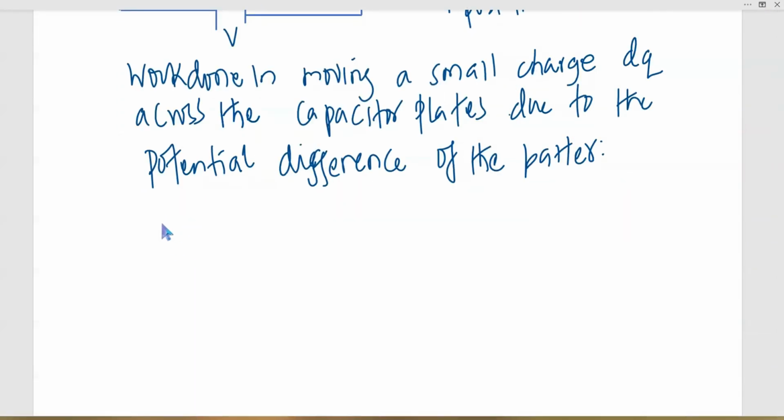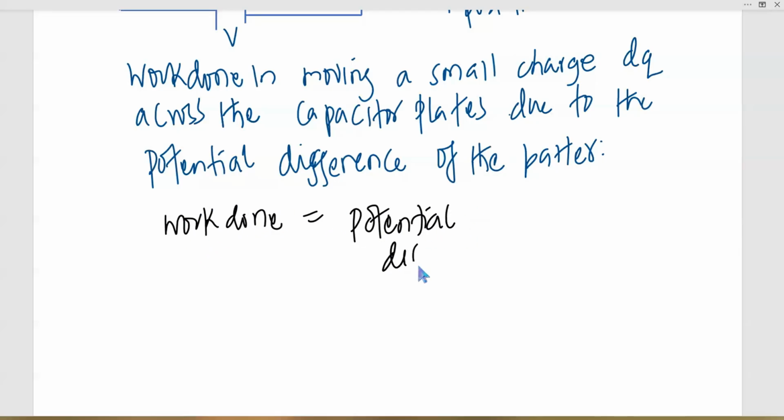So what we are going to do is to say the work done is equal to the potential difference times the charge moved. This is actually the same as if we were doing a small work in lifting a mass through gravitational field. If you look at it closely, you'll find that it is analogous to this because it would be a small mass, which is representing this small charge moved, times the acceleration due to gravity, and obviously times h.